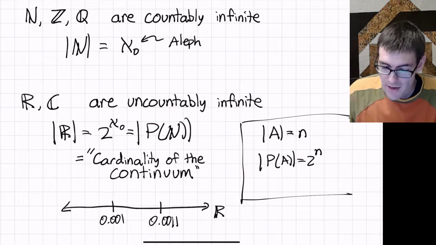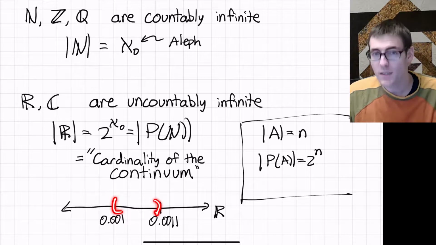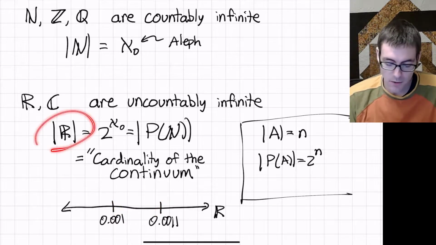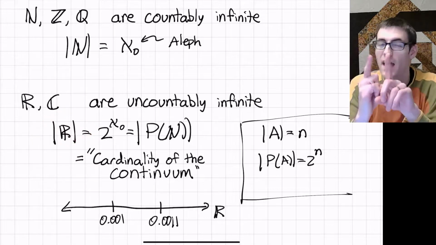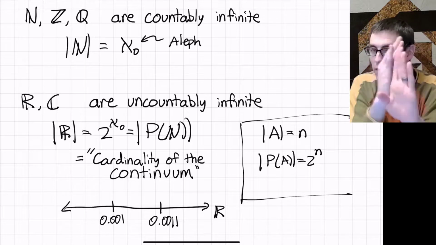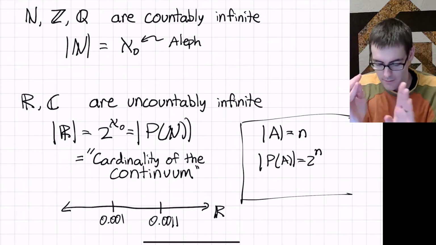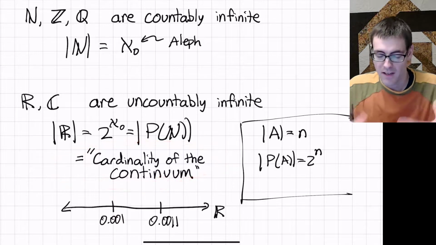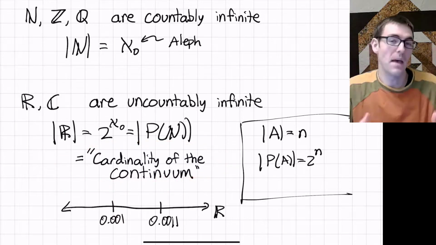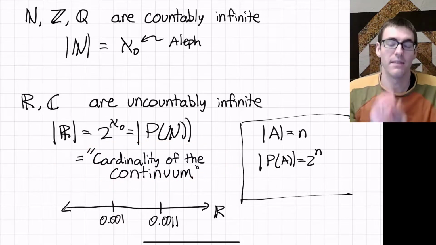So the cardinality of any continuous interval in the number line is the same as the cardinality of that whole number line. Whenever we have all of the numbers between anything, that gives us the cardinality of the continuum. There are uncountably many real numbers in that interval.